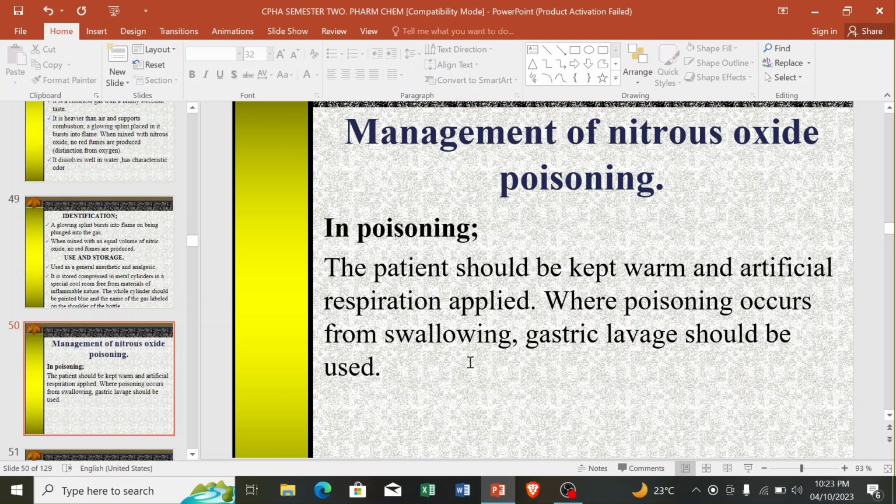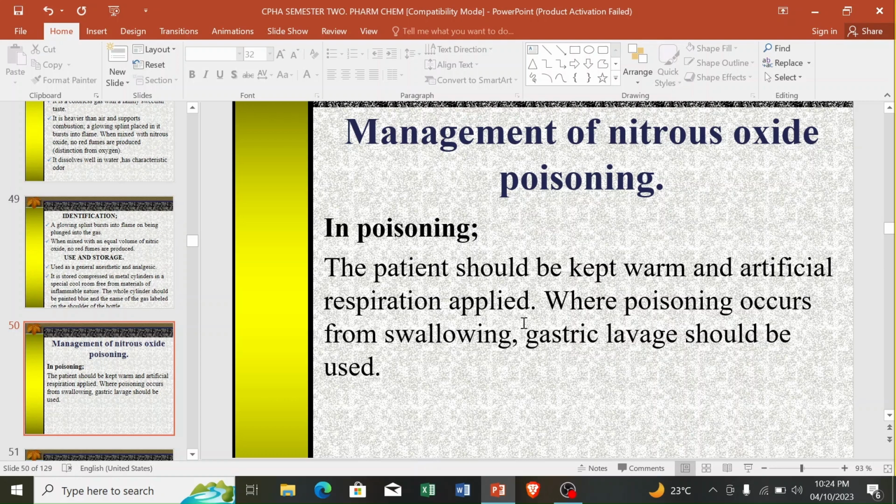Where poisoning occurs from swallowing, sorry about that. Let me repeat myself. Management of nitrous oxide poisoning: in poisoning, the patient should be kept warm and artificial respiration applied. Where poisoning occurs from swallowing, gastric lavage should be used.